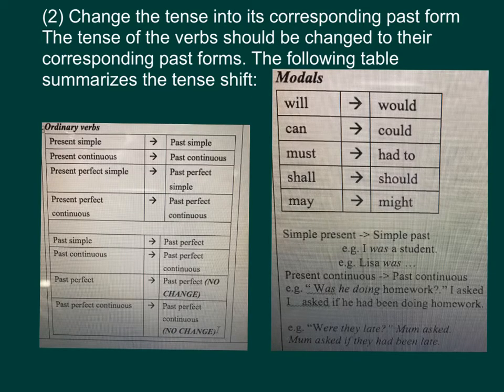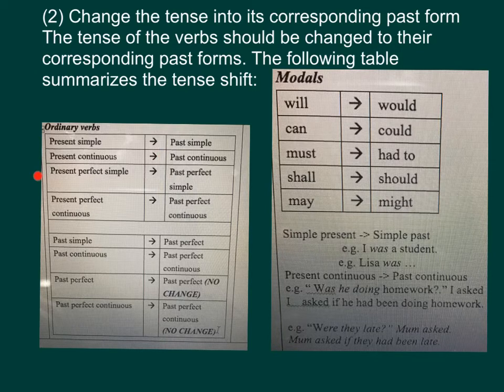The second step is to change the tense into its corresponding past form. The tense of the verbs should be changed to their corresponding past forms. The following table summarizes the tense shift. Present simple changes to past simple, and present continuous changes to past continuous.